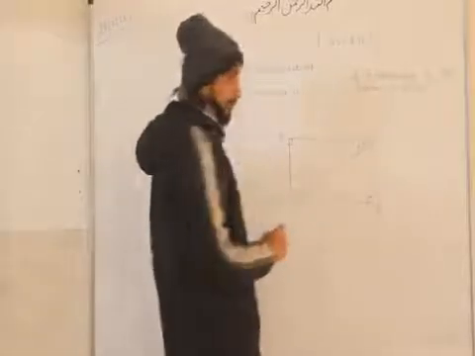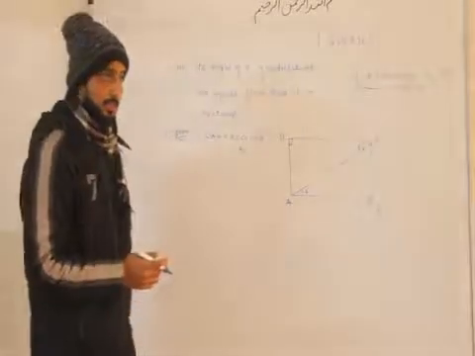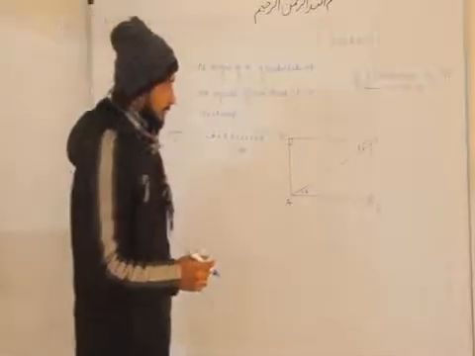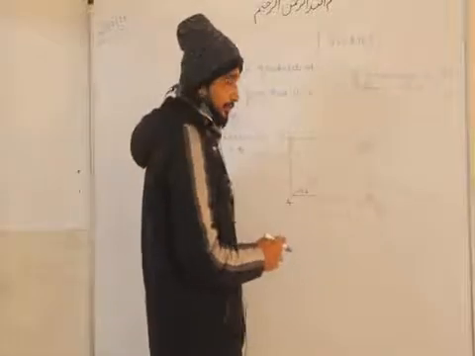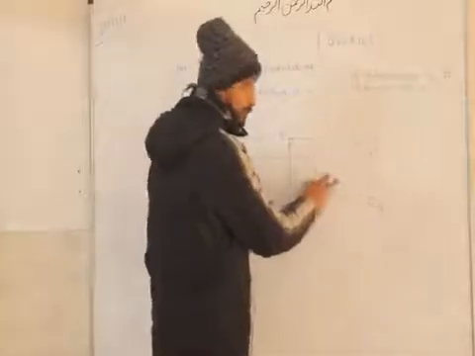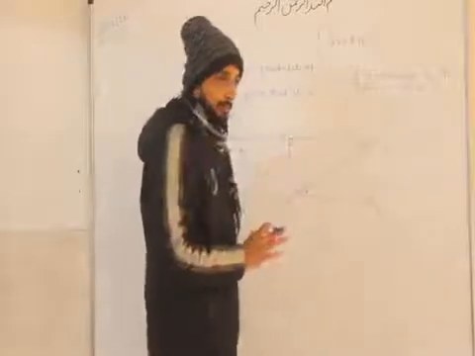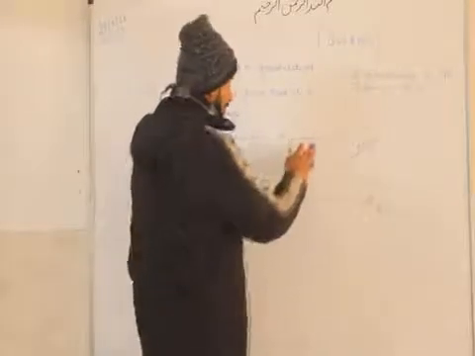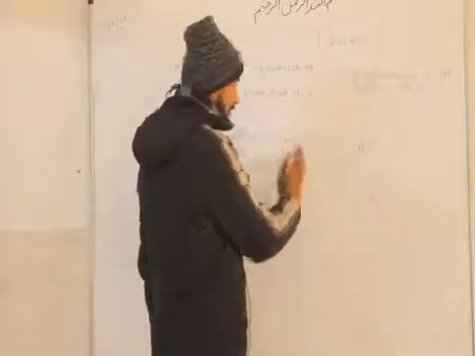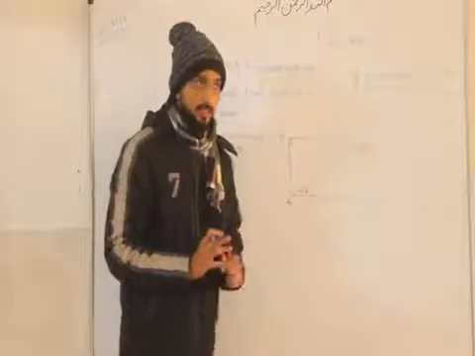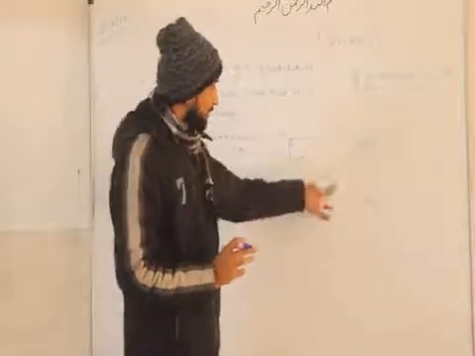This is 1 and 2, alternate interior angles. How are they alternate interior angles? Because opposite angles are equal, as we have proved. It means this is a parallelogram. Then we can say that these two triangles are congruent.